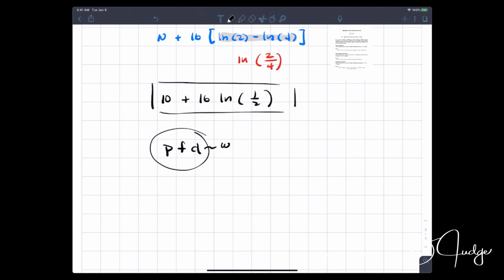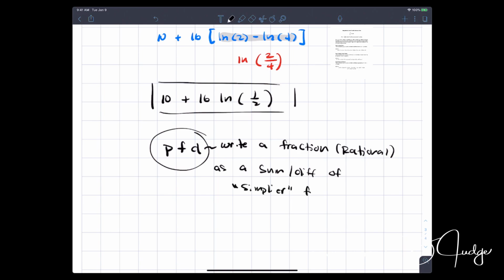That's when we write a fraction, a rational function, as a sum and difference of what I'll describe as simpler fractions or rationals. That's essentially what that is.